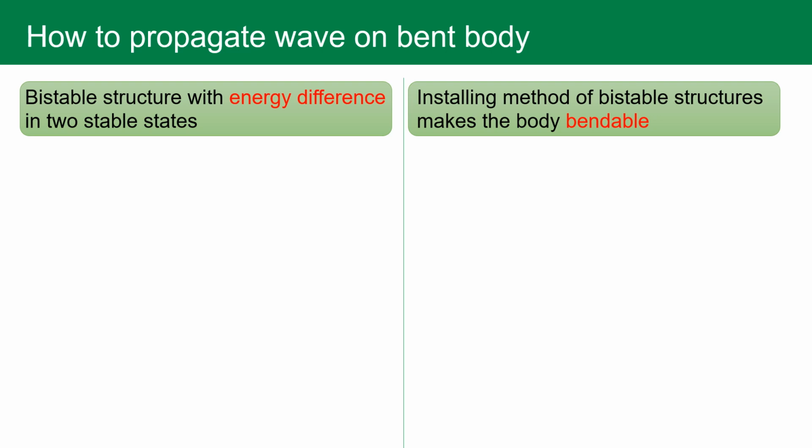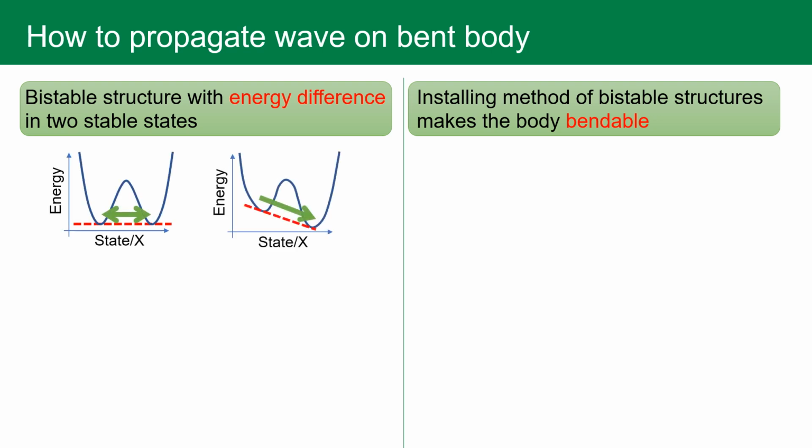Let me explain point 1. There are two types of bistable structures: bistable structure without energy difference and bistable structure with energy difference. Both of them have pros and cons.